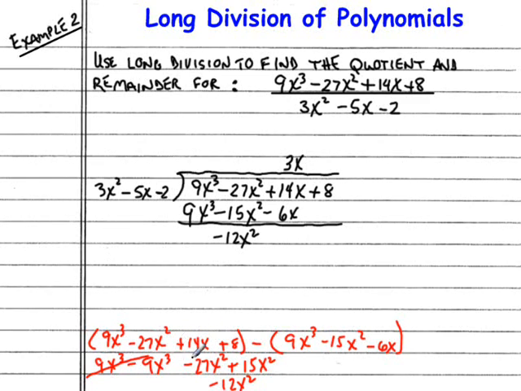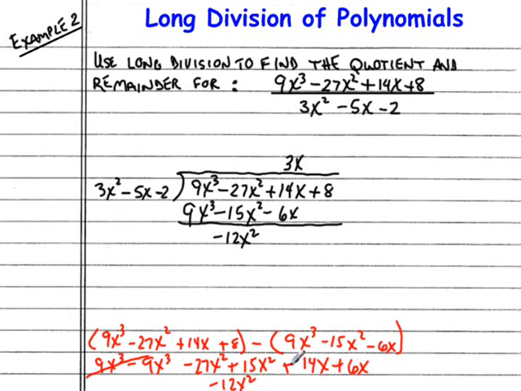Now let's take this 14x in the top polynomial, a positive 14x, and subtract the negative 6x that's here. We subtract a negative, which becomes plus 6x.